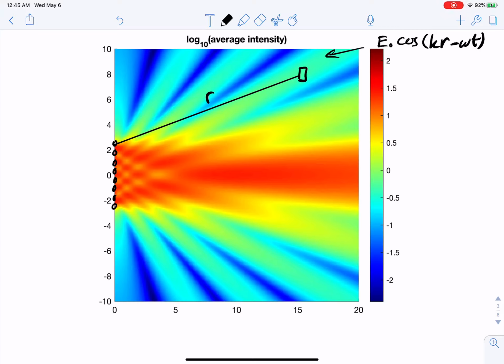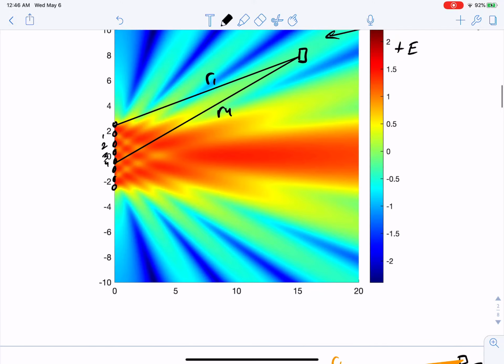Okay, but then we have to do it for the other ones too. So we'd have a different distance because it's not the same distance away. So then we'd have to add to that the next ones.